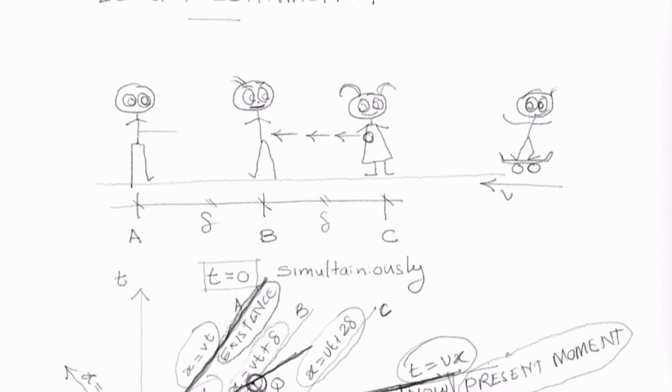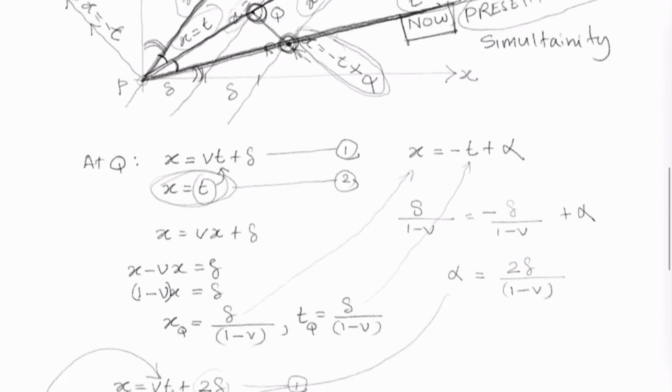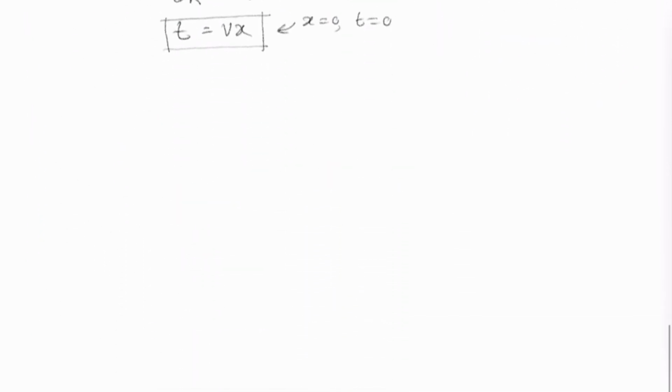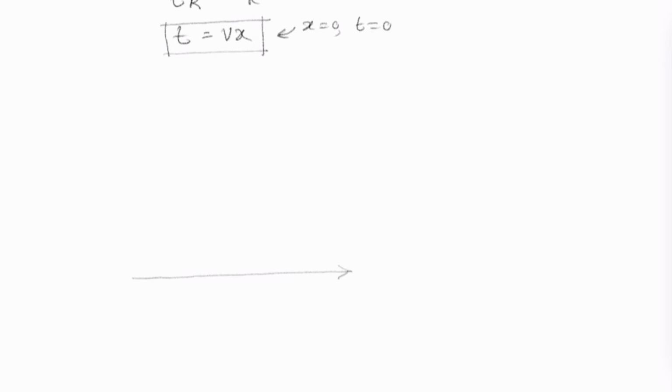Now imagine these two people are holding a tape. This is you. According to you, the length of the tape is 1 unit. According to me, who is moving in relation to you, what is the length of this tape? Let's draw a space-time diagram for this. This is your frame of reference.